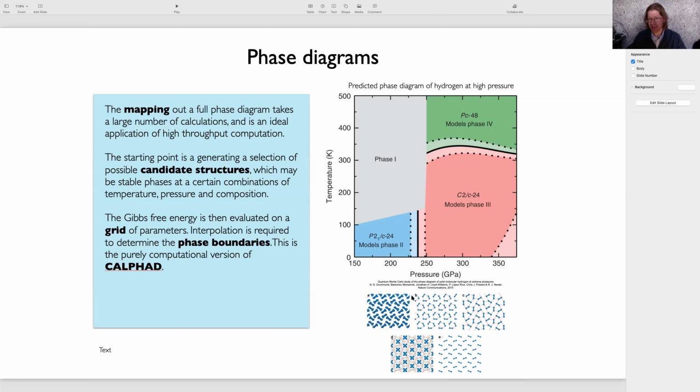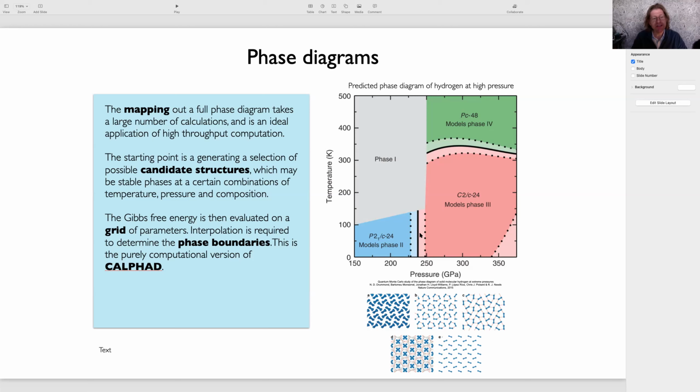We identified what the likely or possible stable phases might be, and then we computed both the quasi-harmonic free energy and also the zero-point contribution, which varied according to temperature and pressure, and then we just map out which is the stable phase at each of the pressure-temperature pairs, and that maps out a phase diagram. The dotted lines are showing some error bars on that as well.